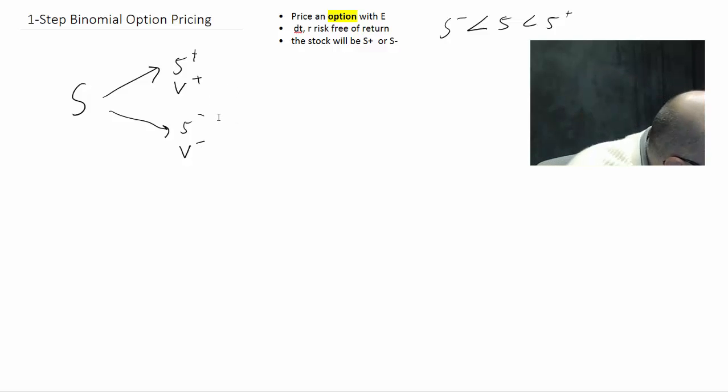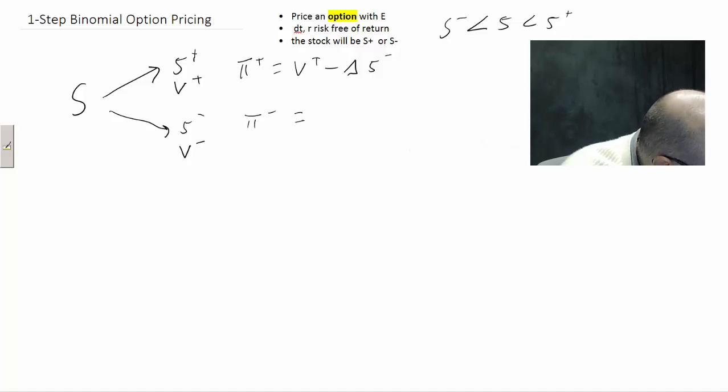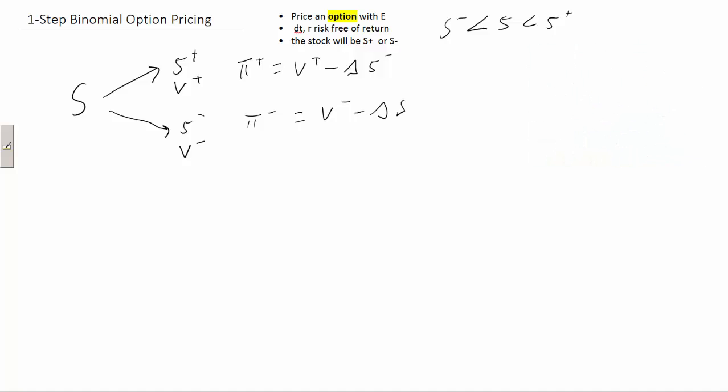Anyway, in both cases of the future, our portfolio if the stock goes up would be V plus minus delta S plus, or if the stock goes down, V minus minus delta S minus. So those are the both cases of the future.